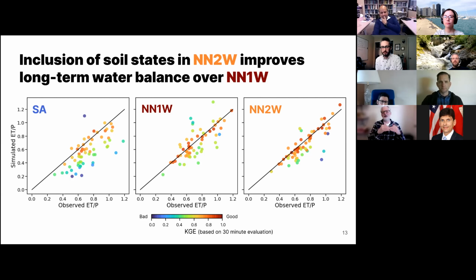Basically NNLRP learned to partition between the latent and sensible heat based on the aridity. This is interesting because the neural network has never seen PET or precip, and certainly not over a long time scale. It's only ever seen half-hourly data, and this is taken over the course of the entire simulation. So it's pretty interesting that it learns this partitioning so well.